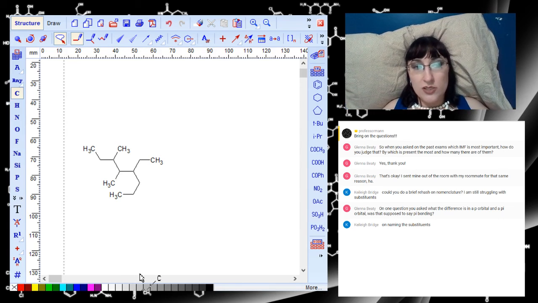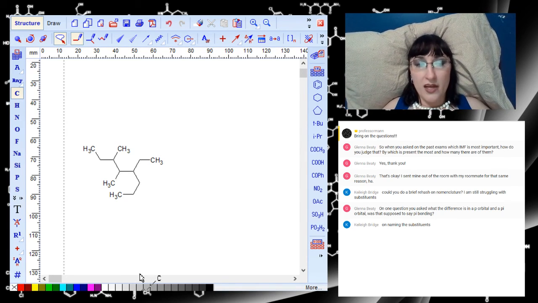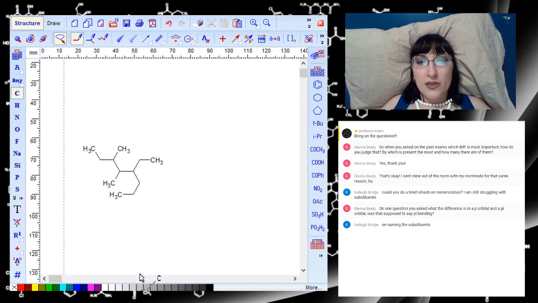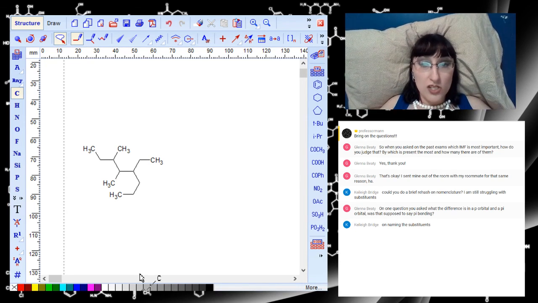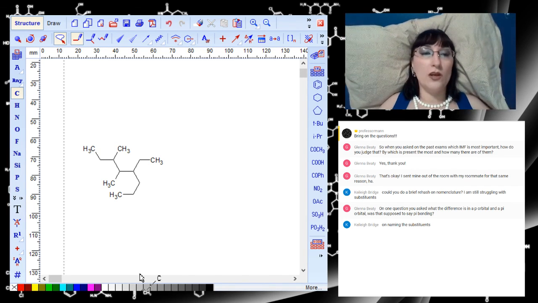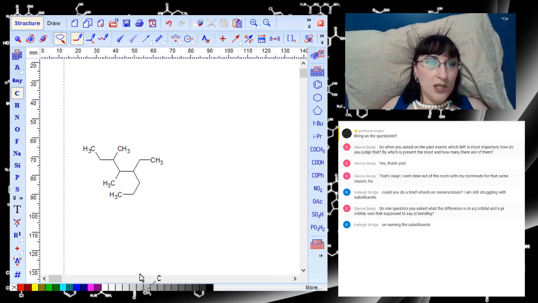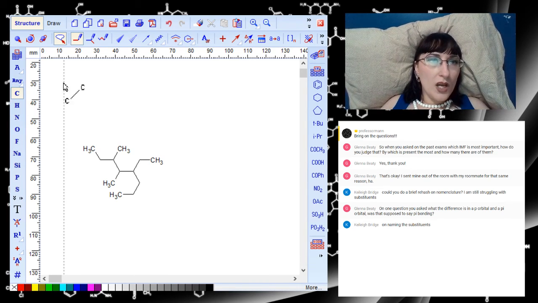Substituents are carbon groups that are not part of the parent chain, okay? If it's something that has an oxygen or a nitrogen, then that's considered a functional group, not a carbon substituent, okay?